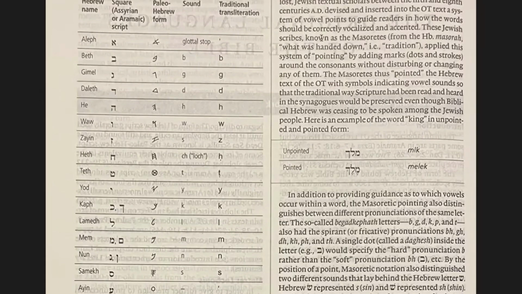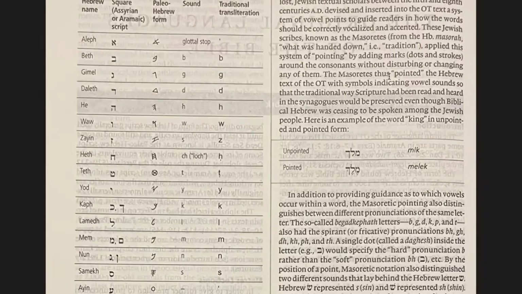These Jewish scribes, known as Masoretes, from the Hebrew Masorah, what was handed down, i.e. tradition, applied this system of pointing by adding marks, dots, and strokes around the consonants without disturbing or changing any of them.